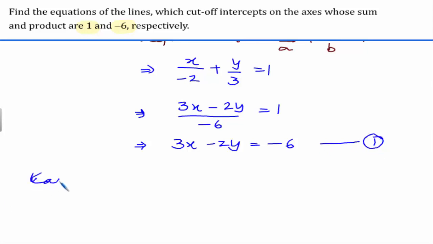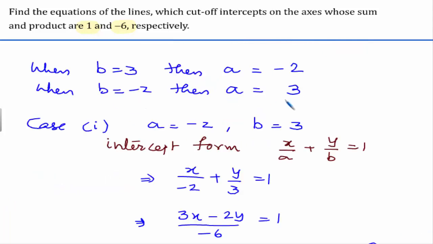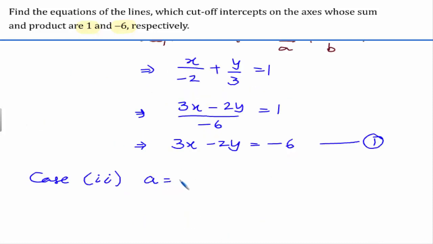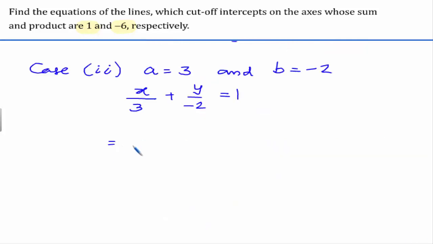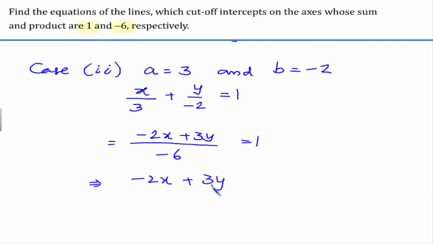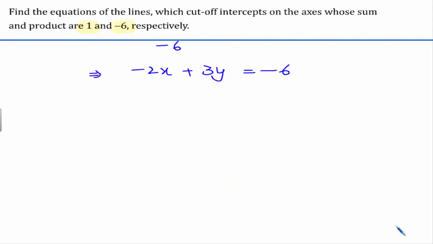Now we will take case 2. What is case 2? In that, b is -2 and a is 3. Now let us find out the equation. x by 3 plus y by -2 is equal to 1. Again we will take the LCM. This is -2x plus 3y is equal to 1 times 6, so we get minus 2x plus 3y is equal to minus 6.